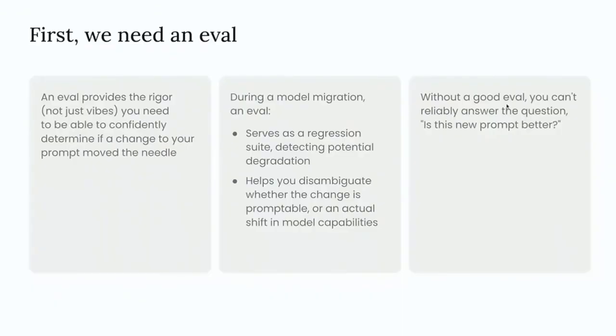First of all, the new model might be capable, but it's behaving differently, and therefore we can tune our prompting to fix that behavior. The second case is where actually the model that we're changing to isn't as capable, and no amount of prompting is going to fix that. So we need to have an eval suite to act as a way of testing that regression so that we can apply our prompting best practices to that.